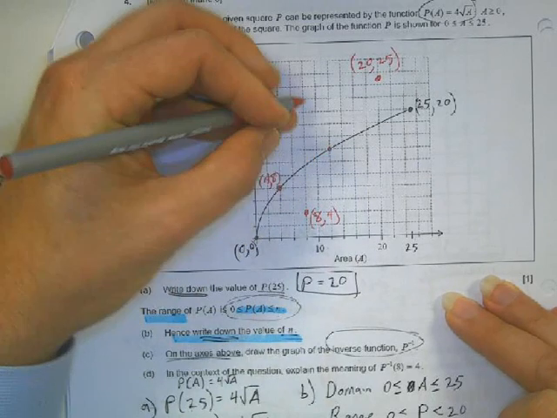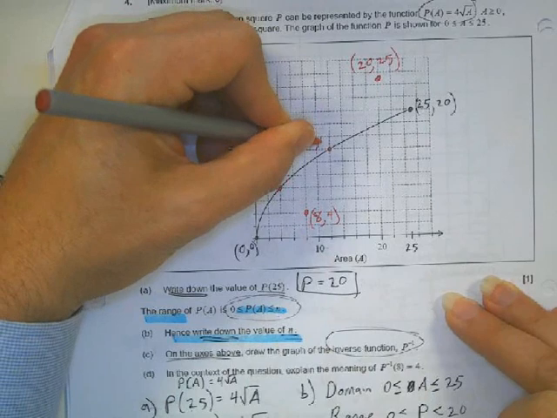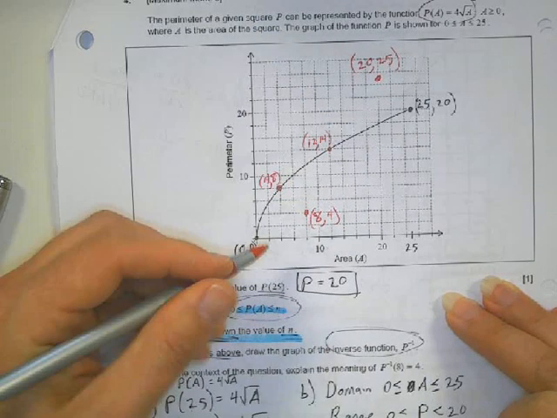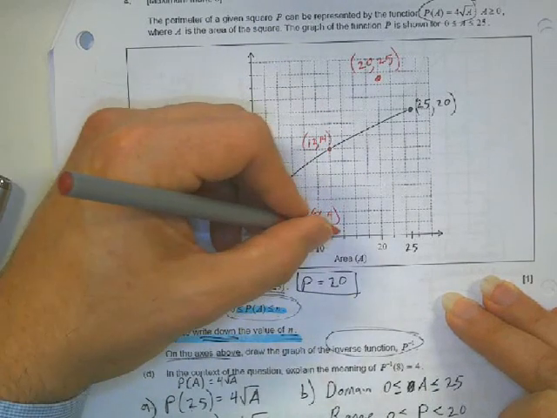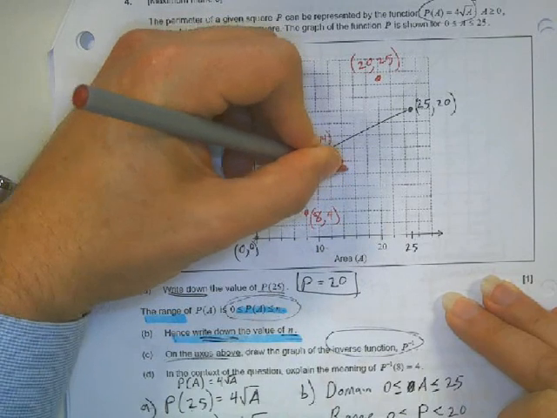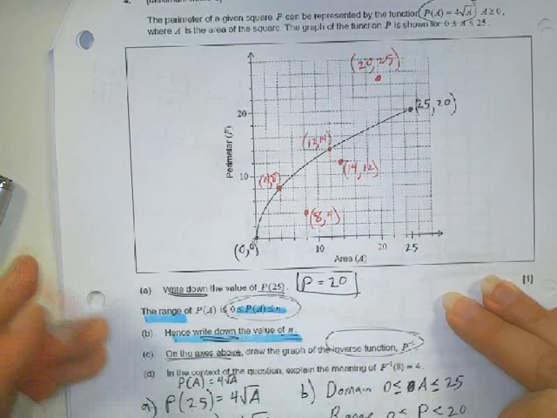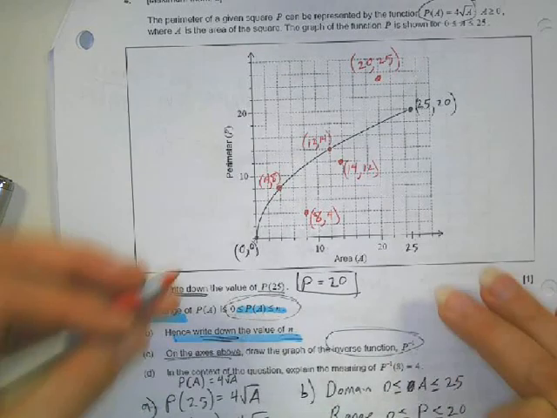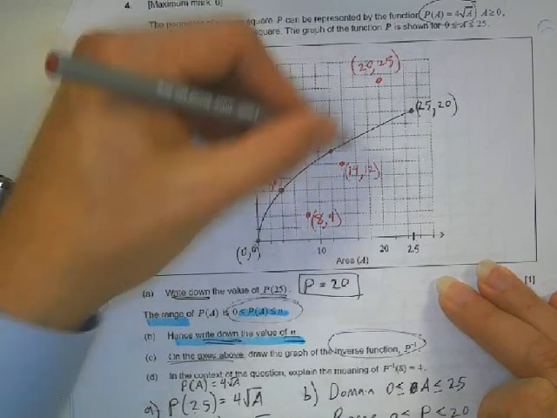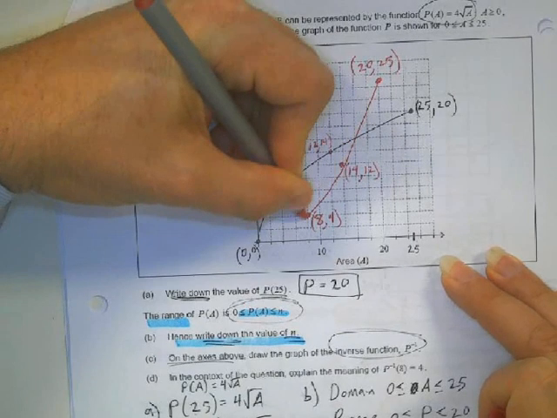This is 12, comma 14. So the new point would be 14, comma 12. Using these 3 points, I'm going to try to draw the curve of the inverse function.